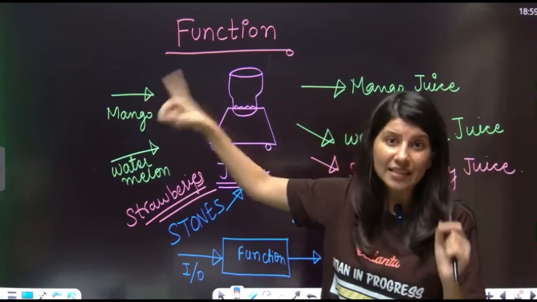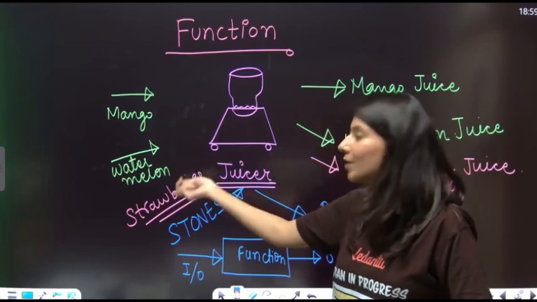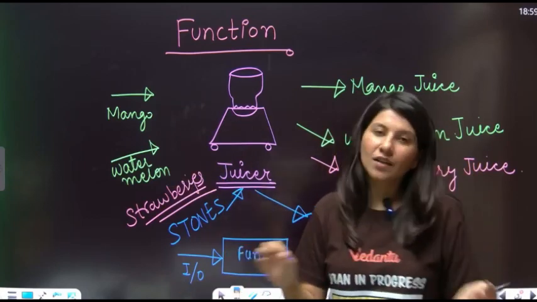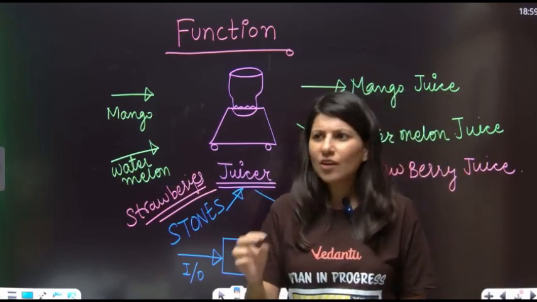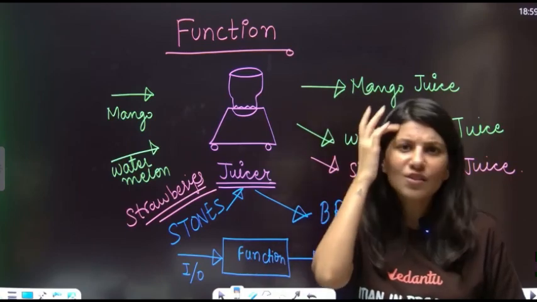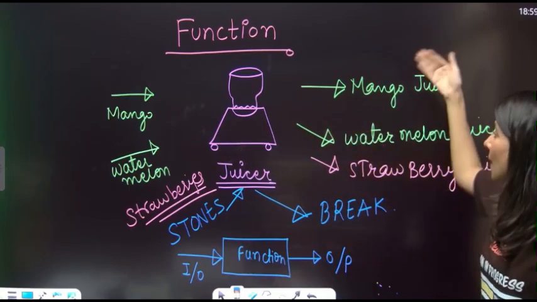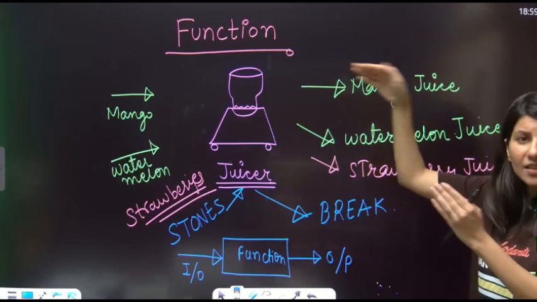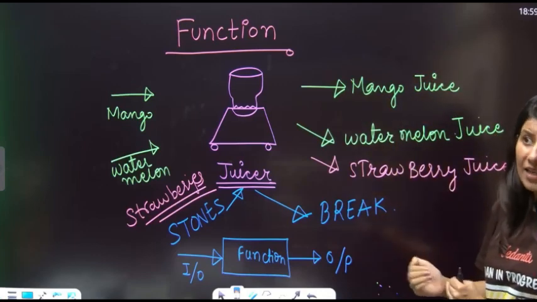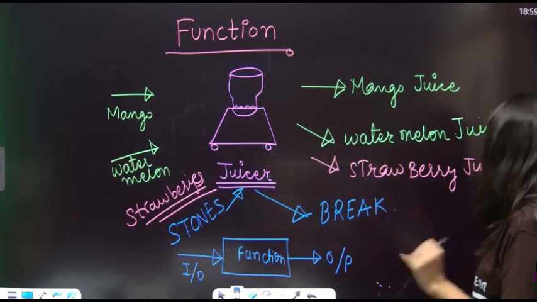Domain, that means x: x is mango, watermelon, strawberries, and all the fruits which do not have hard substances. This is your domain. And the range will depend upon what you are putting inside. So mango juice, watermelon juice, strawberries, etc. Whatever you put inside, you will get that. Stones you can't put. Hard material you can't put.